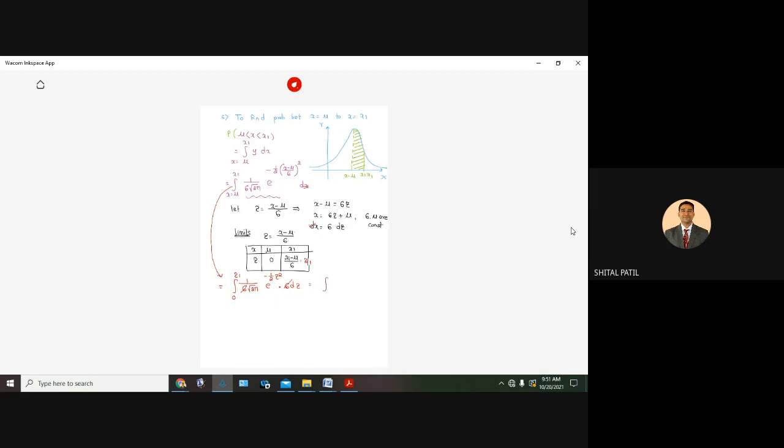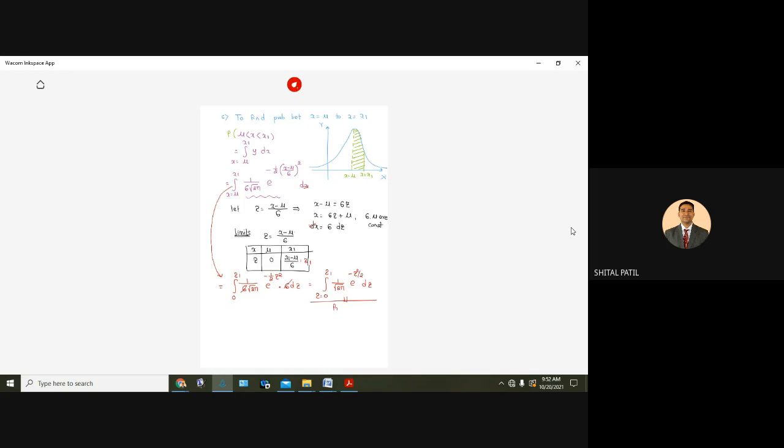What is remaining is the integral from z equal to 0 to z1 of 1 upon root of 2 pi, e raised to minus z square divided by 2 dz. This value will be provided in the example.